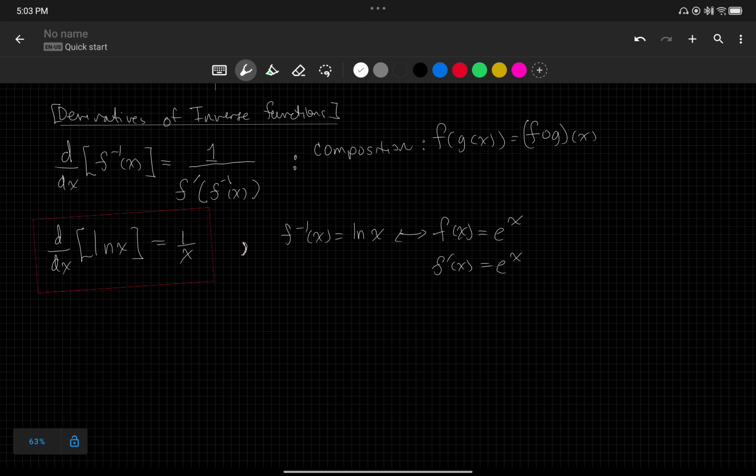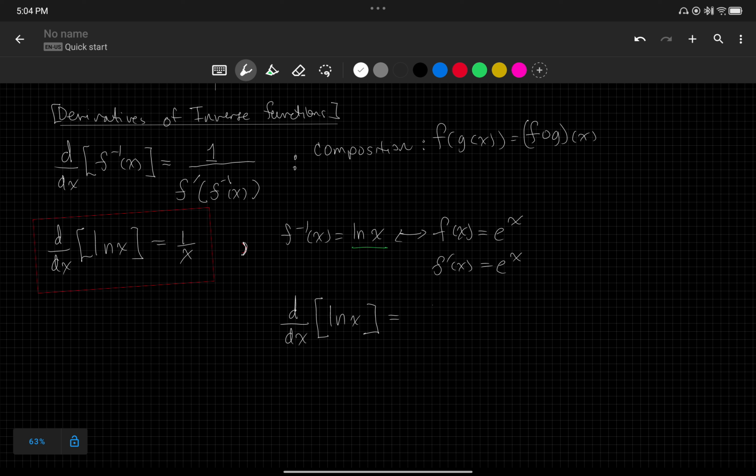So let's go ahead and plug things into our new formula. So then it's going to be the derivative, and then in here goes the inverse. Who is the inverse? Well, we just said that the inverse is ln. So that's what goes in there, ln of x.